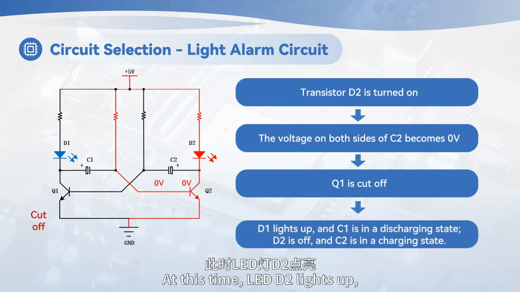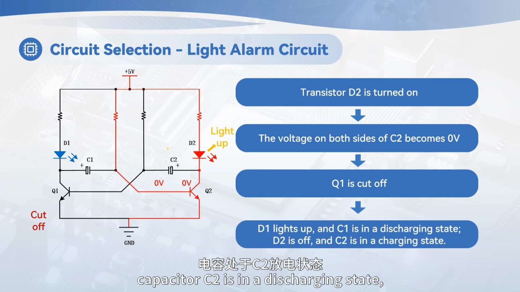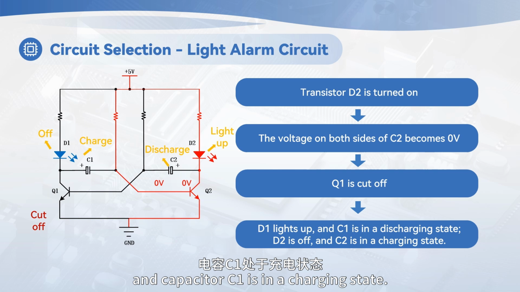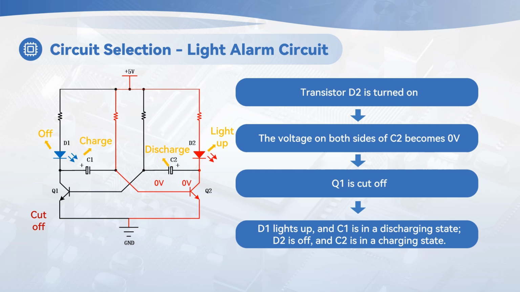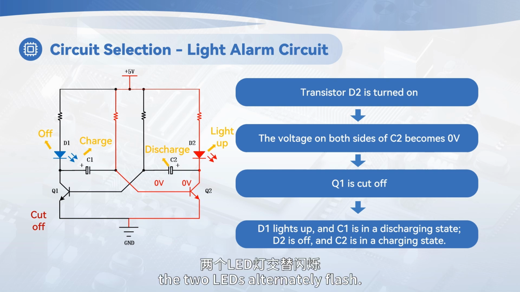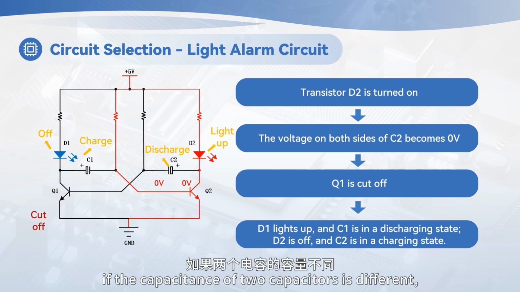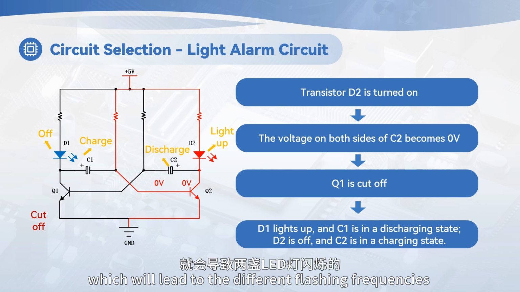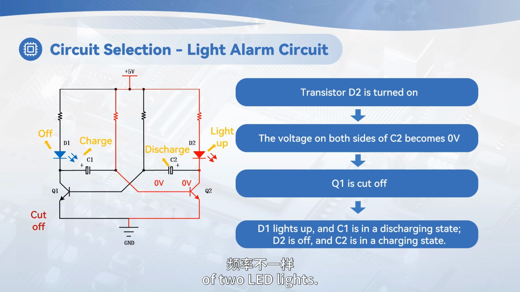At this time, LED D2 lights up, capacitor C2 is in a discharging state, LED D1 is off, and capacitor C1 is in a charging state. With the charging and discharging of the two capacitors, the two LEDs alternately flash. It should be noted that if the capacitance of the two capacitors is different, the charge and discharge time will be inconsistent, which will lead to different flashing frequencies of the two LED lights.